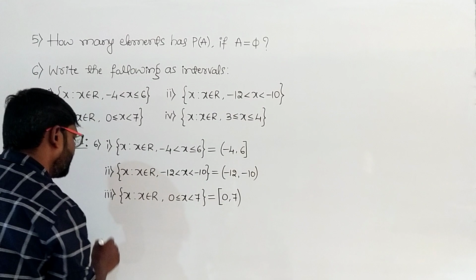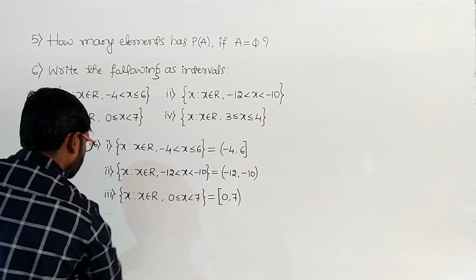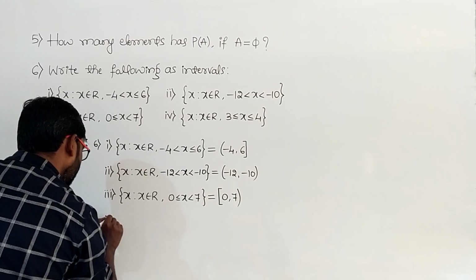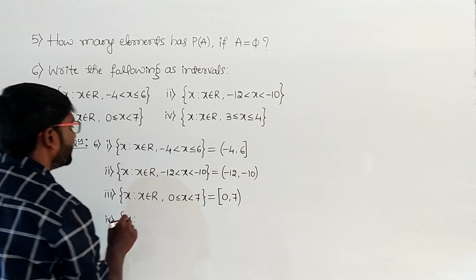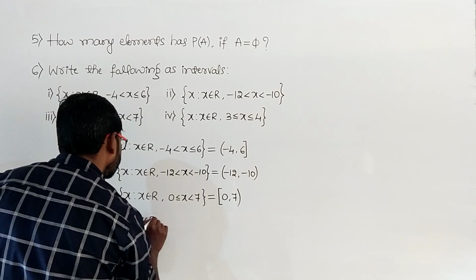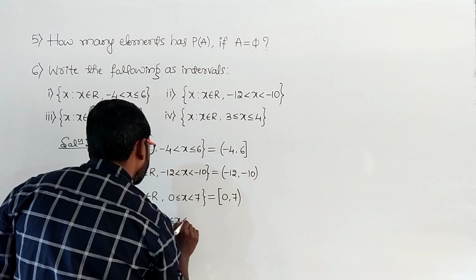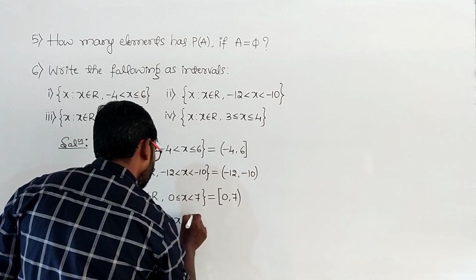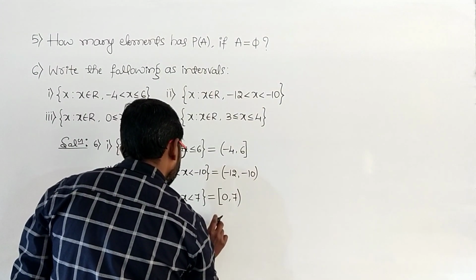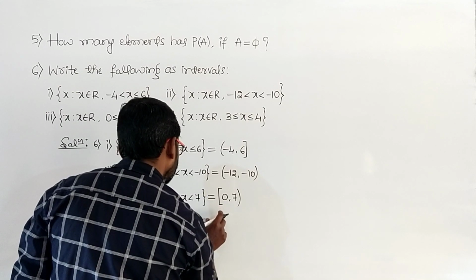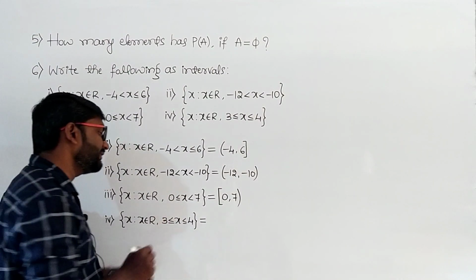Now take up the Roman number 4, fourth one, x such that x belongs to R, and then 3 less than or equal to x less than or equal to 4, which is equal to, see here, x greater than or equal to 3 and less than or equal to 4, that means it is closed interval.